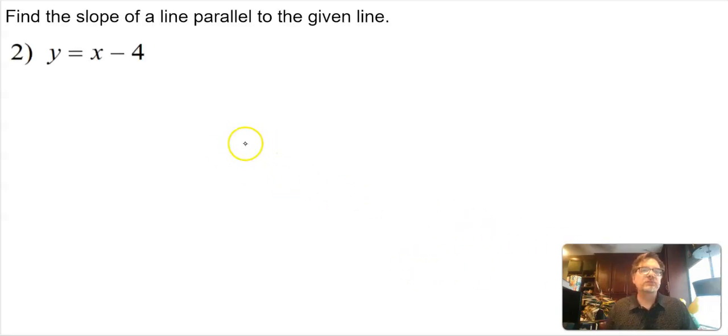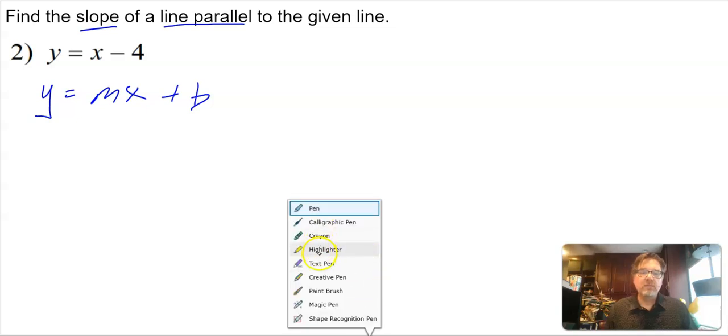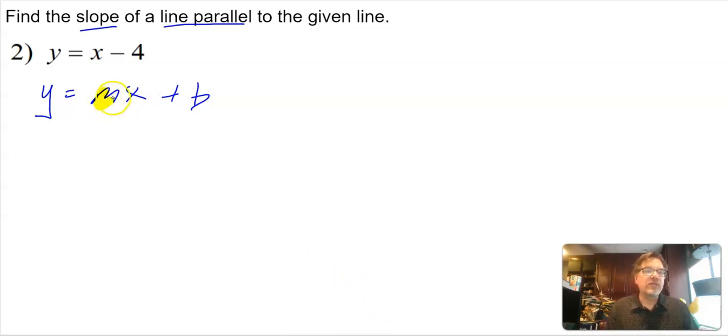Let's look at number 2. Let's find the slope of the line parallel to this line. So again, parallel lines, I want that slope. It's the same slope as this line. So we've got y equals mx plus b. M is the number before the x.